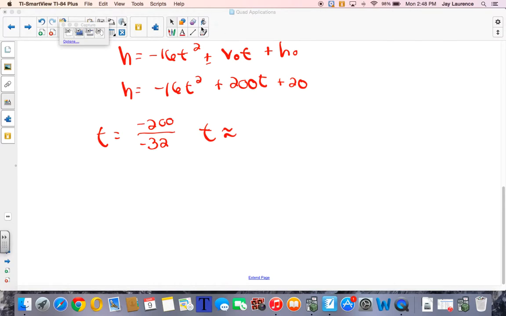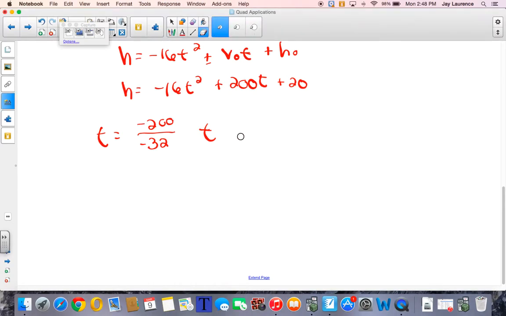And that actually came out even, so I'm not going to use the approximately equal to. I just found out at what time it will reach its maximum height. It'll take 6.25 seconds to get up there.